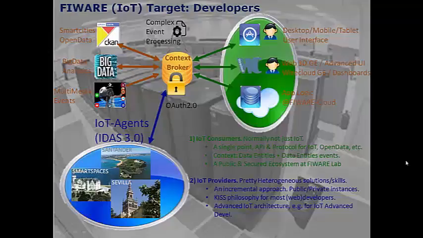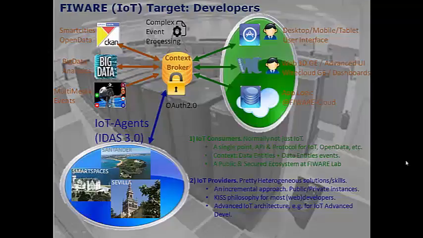For example, you can have an entity that produces information coming from different IoT agents. You can have a bus that has some sensors on it, and the information about the bus, which would be the entity, can come from each of the sensors that are connected to it.